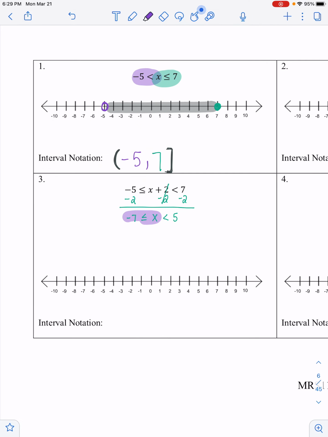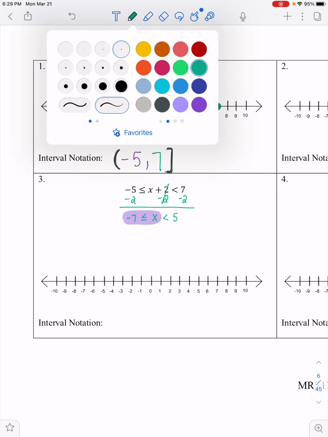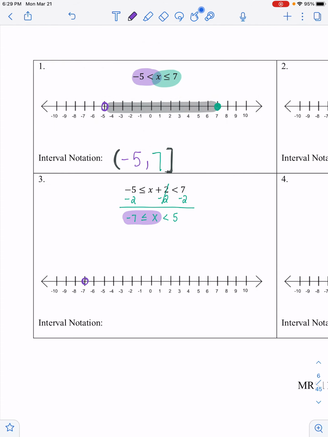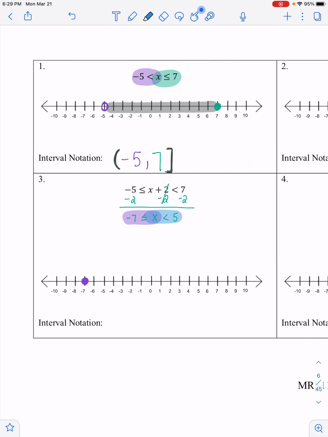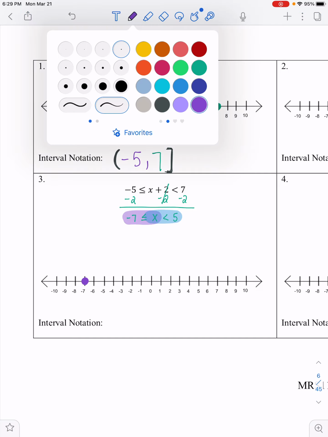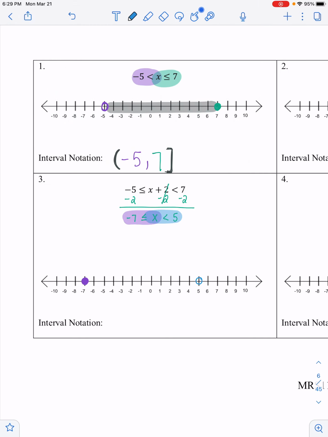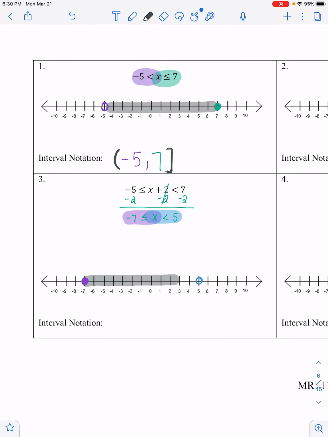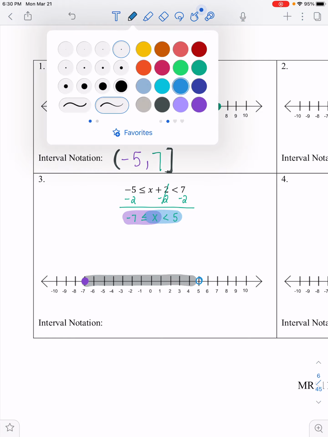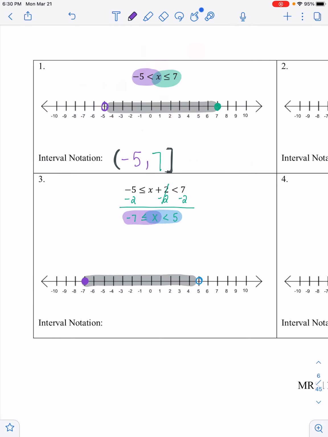All right, let's do this part first. That is a closed circle at -7 since it has the "or equal to." And then it's going to have an open circle at 5, right? Because it does not have the "or equal to." Our solution set is going to be what's between them. All right, let's try to write our interval notation.